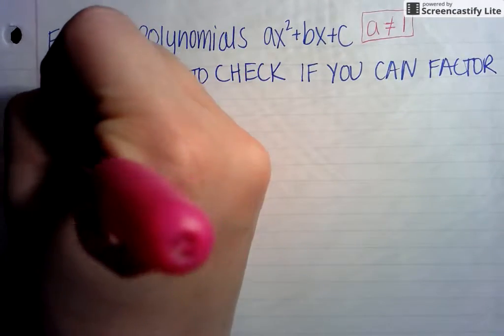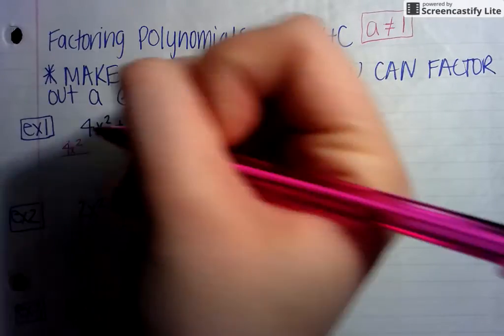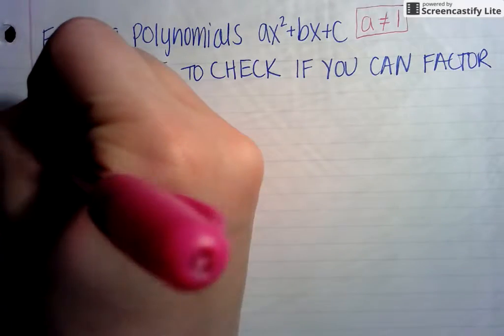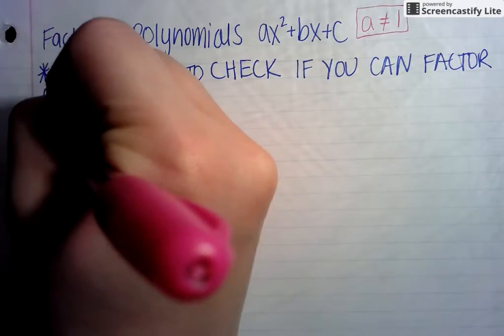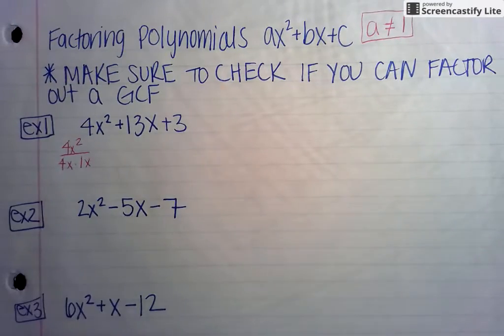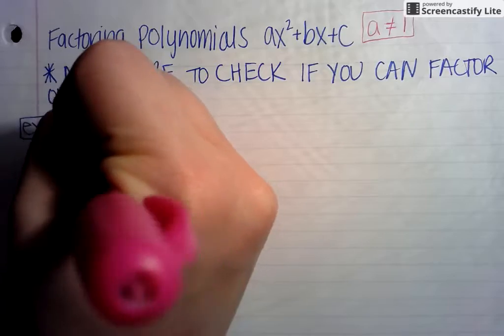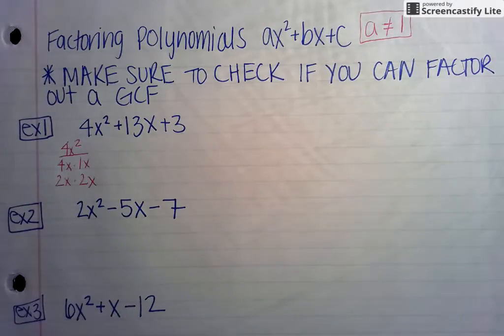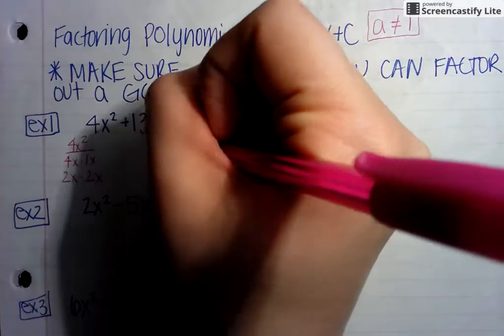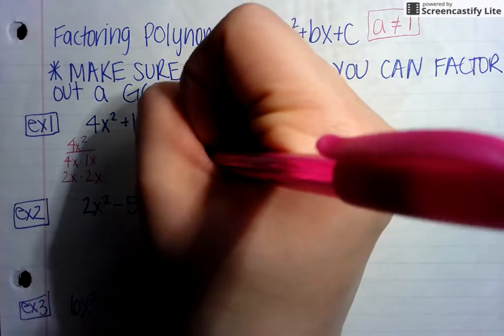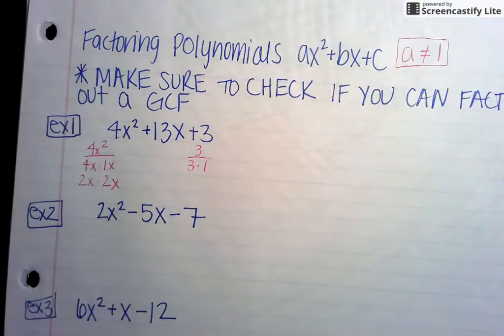So I have 4x squared, and I know that factors of 4 are 4 and 1, and 2 and 2. So those are factors of 4. Now for 3, I have 3 times 1 as my factors.